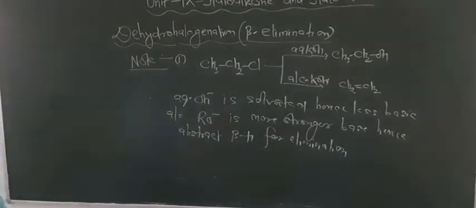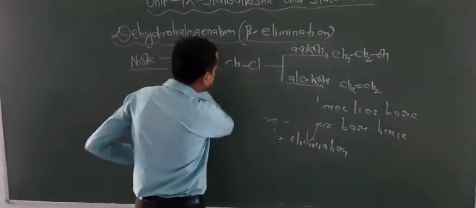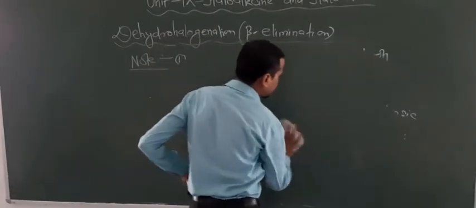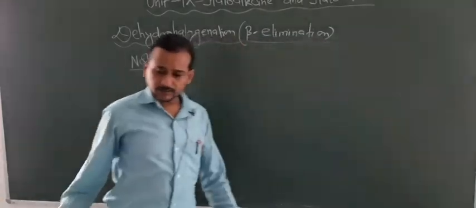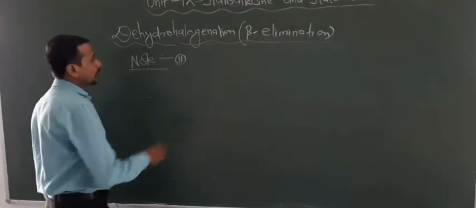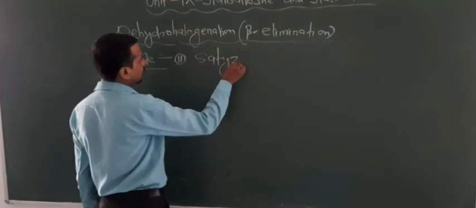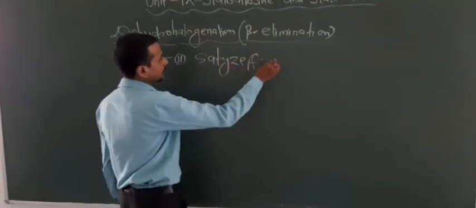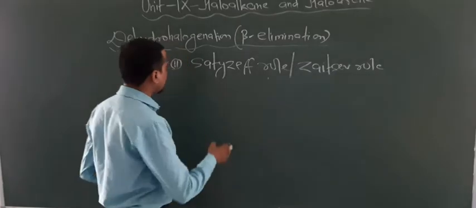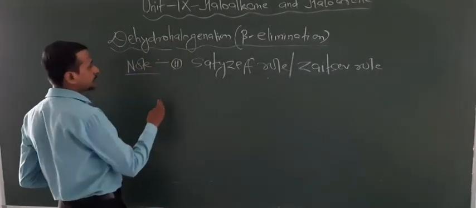Now let us focus on some more noteworthy points, which is the major product if different types of beta carbons are there. Now second point, you have to know about the Saytzeff rule. Saytzeff rule. This is a very important rule for elimination.